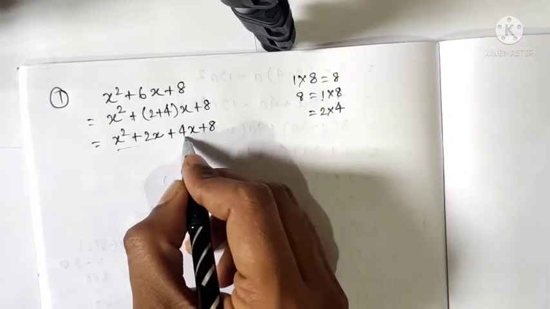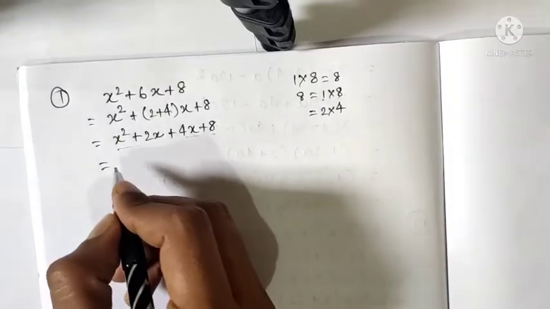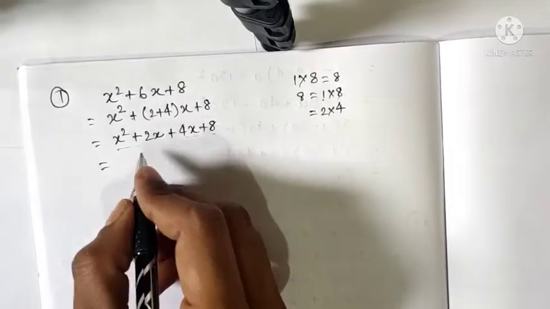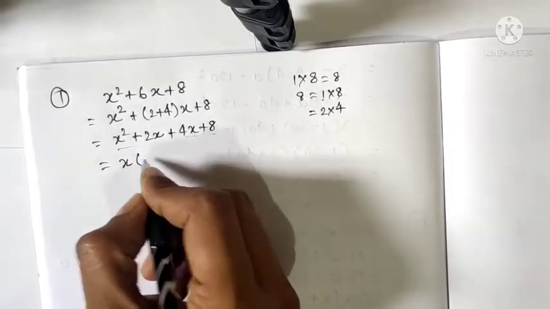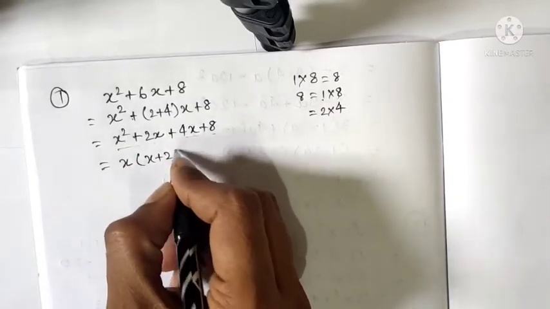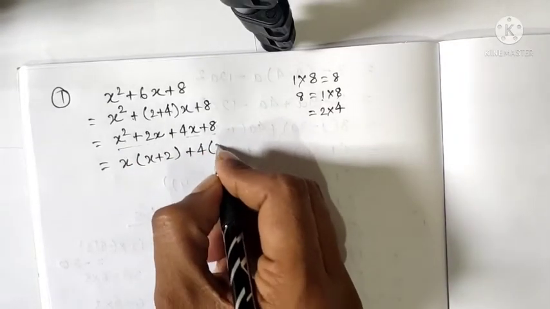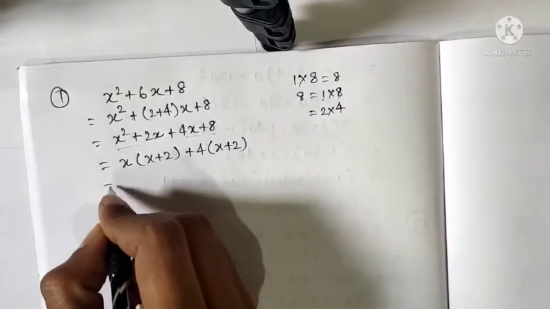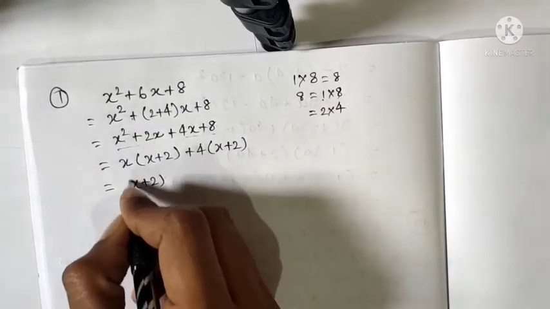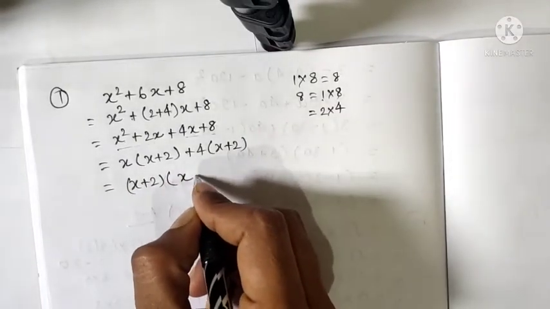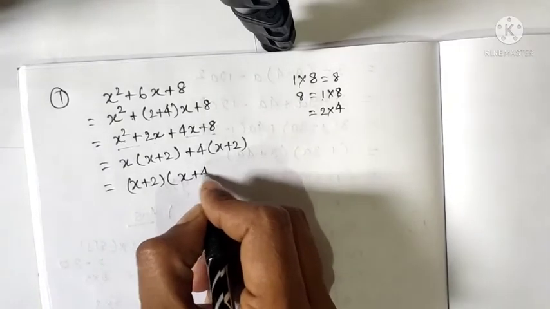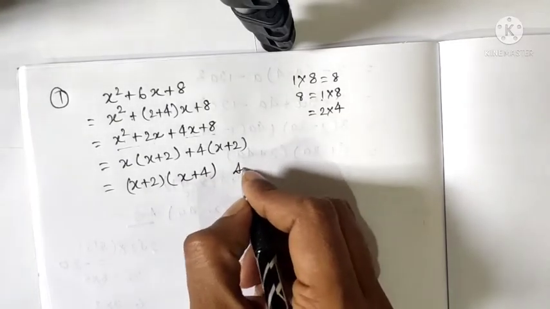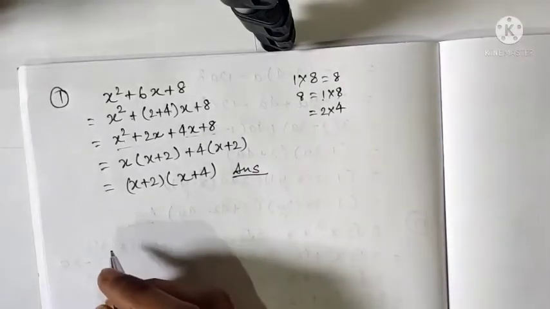By taking x common from the first two terms and 4 common from the other two terms, it will be x bracket open x plus 2 plus 4 bracket open x plus 2. Hence the answer will be x plus 2 into x plus 4. Simple. This is your answer. Too easy, right?